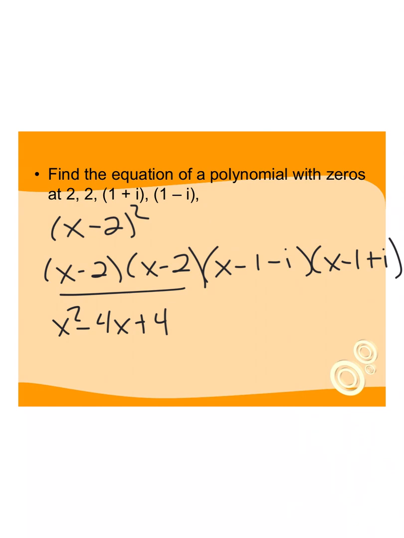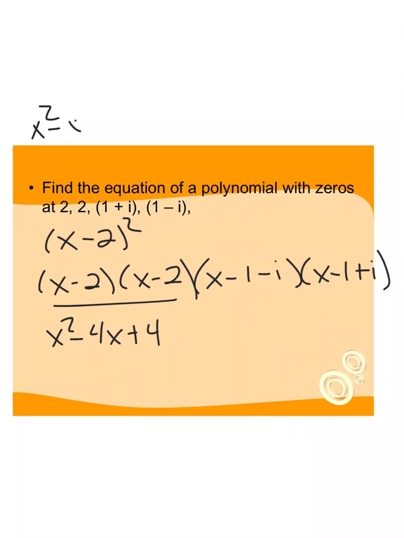All right, so I multiply going from left to right, we're going to get x squared minus x plus xi plus, minus x plus 1 minus i minus xi plus i minus i squared.